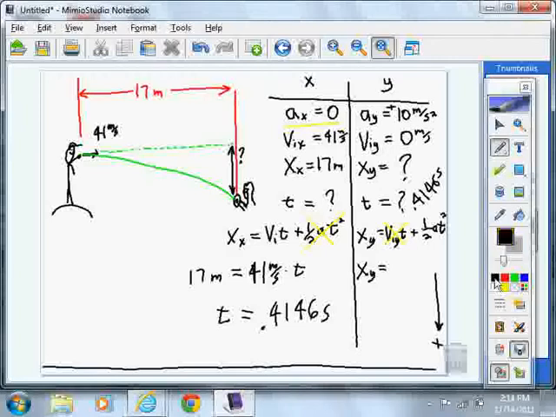And then we have 1/2 times 10 meters per second squared times 0.4146 seconds quantity squared.